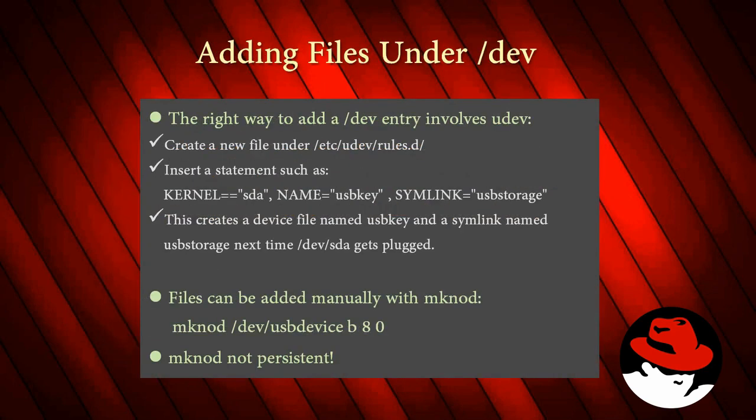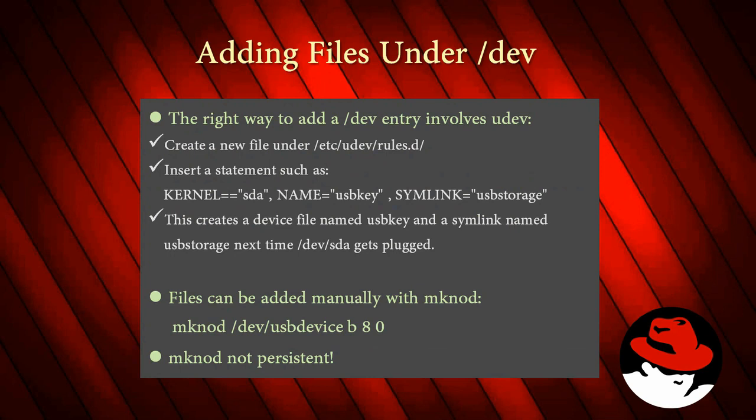You can also add files under /dev with a command. You have to provide variables, the kernel variable sda, name, USB key, symlink, USB storage, and so on to insert a statement, such as you need to create a new file under rules.d.